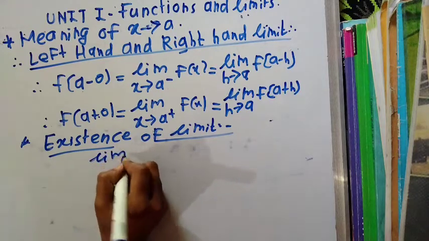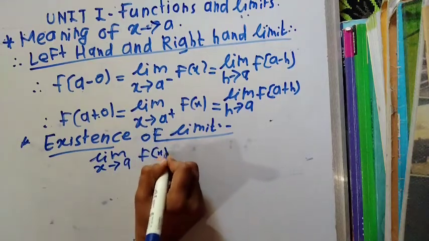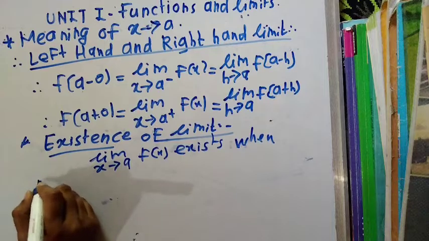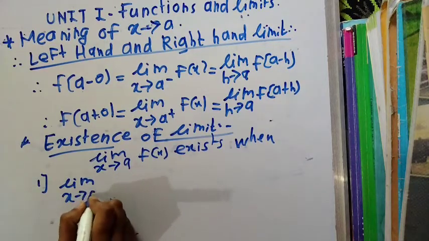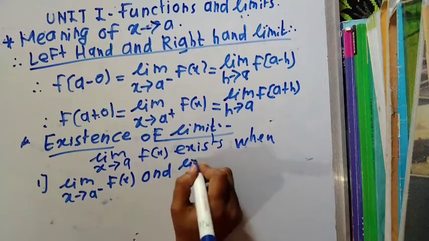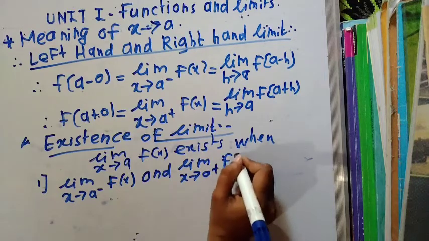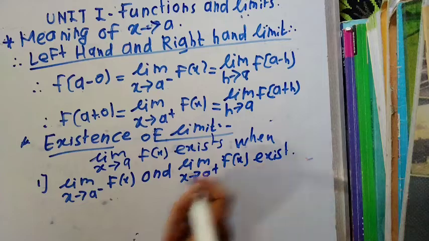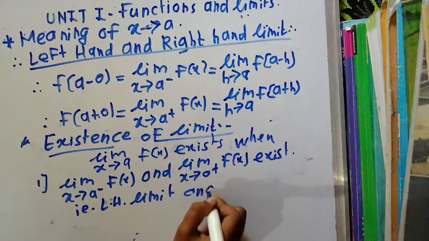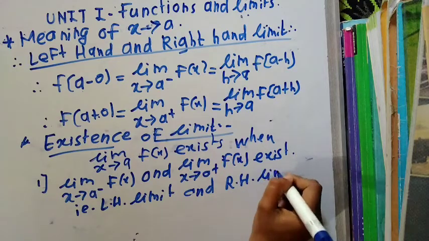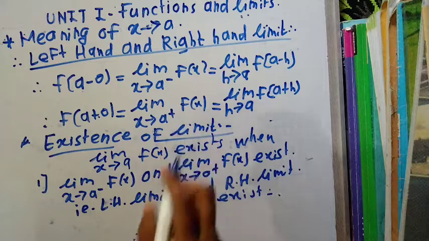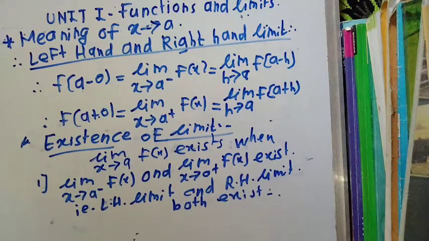So here the condition is: limit x tends to a of f of x exists when, first condition, limit x tends to a minus of f of x and limit x tends to a plus of f of x, that is, left hand limit and right hand limit, both exist. If the left hand and right hand limits exist, then the limit exists. This is the first condition.